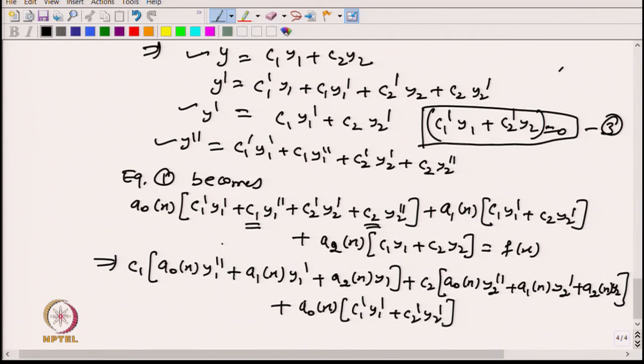This is the remaining term I am collecting, and it is equal to f(x).